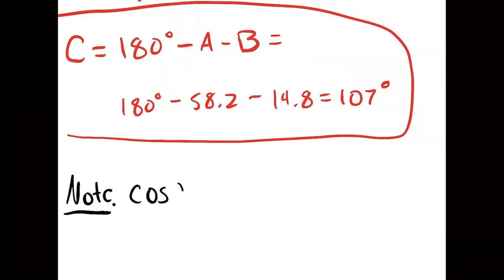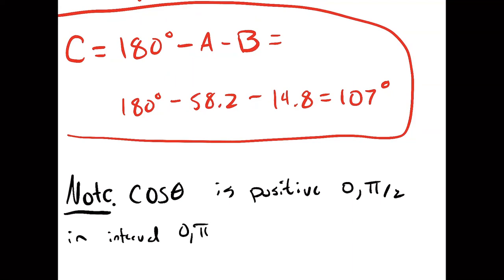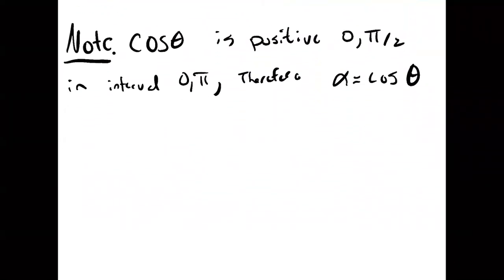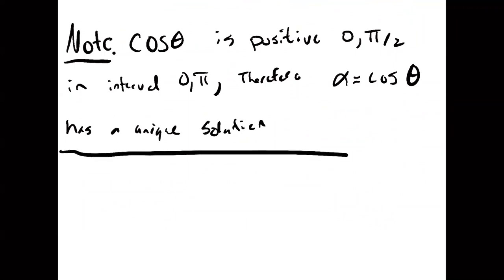Since cosine theta is positive only between 0 and pi divided by 2 in the given interval 0 to pi, what this says is that any trig equation in the form, let's say, alpha, a number, is equal to cosine of theta, is going to have a unique solution. Okay.